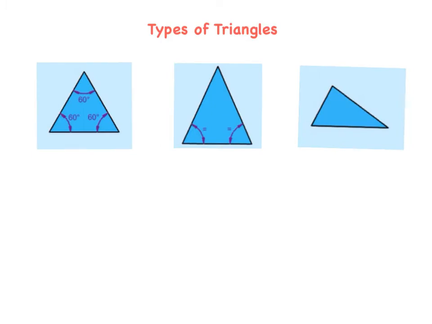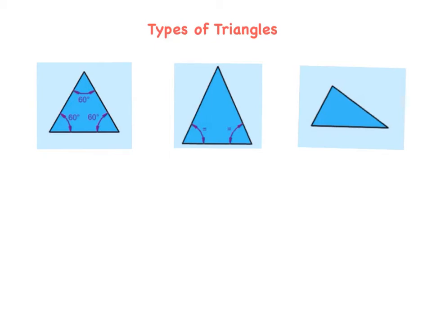We have a few types of triangles, and they are usually divided into three types. This is done by looking at the side length and the size of the angles. When you look at the first triangle, you can notice all three sides are exactly the same, and all three angles also are exactly the same. They have the same measurements. We can mark it.